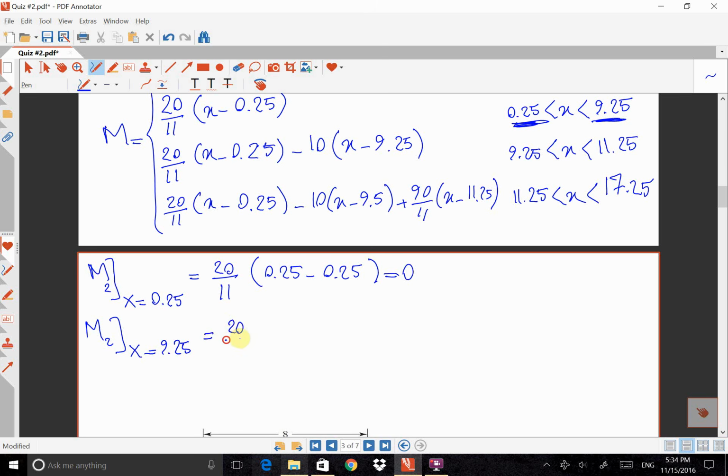That will be 20 over 11 times (9.25 minus 25)... so that will be 9, and 9 times 20 is 180 over 11. The numerical value will be 16.36 kilopound times inch.